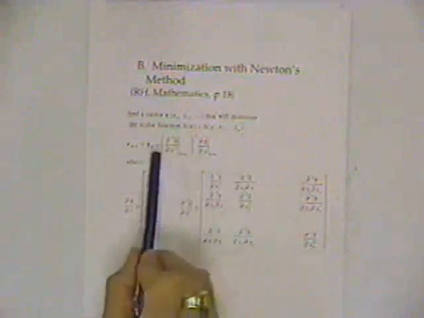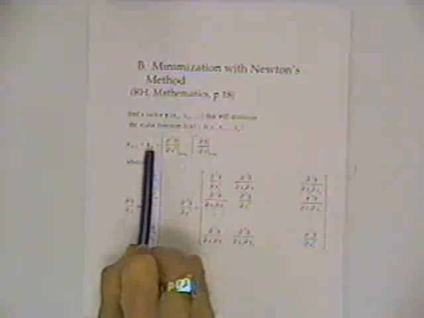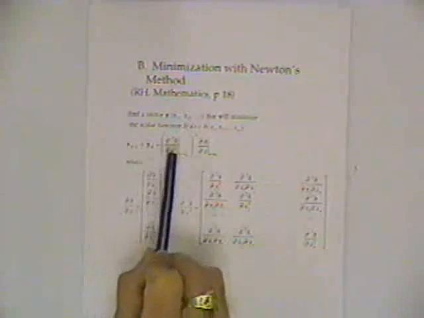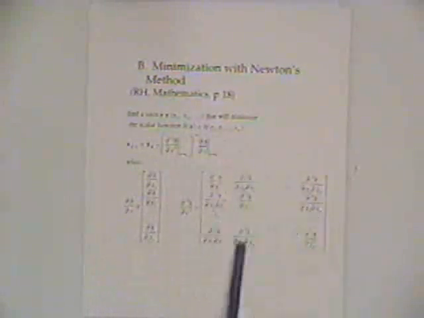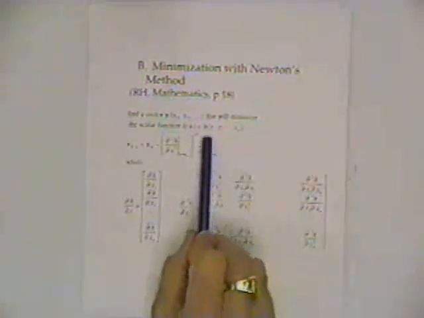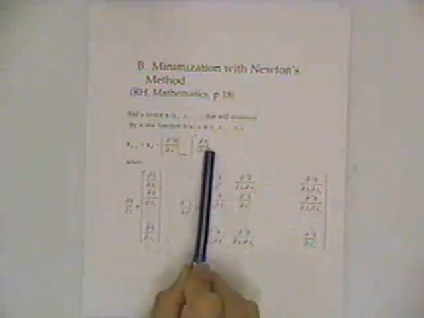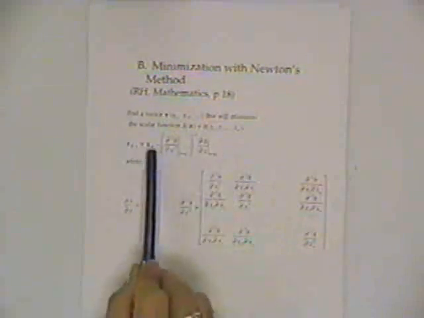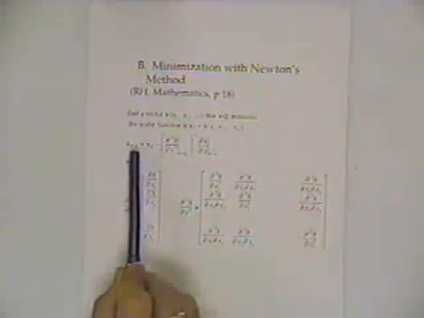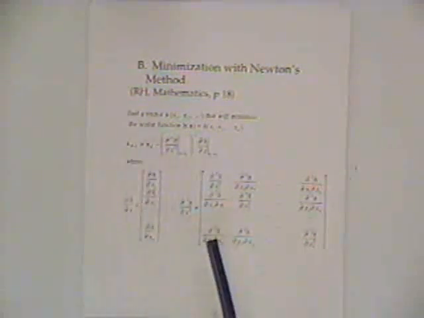But what it means is to start with an estimate of x. In this case, this is a vector function. You'll have a number of different values of x. And then what you see in this term is something that can be calculated. It is the inverse of this matrix multiplied times this matrix. So what you have here is a matrix multiplication between the inverse of this matrix times that matrix, which will give you a vector which you subtract from the vector of old values of x to get the estimate for the new value.